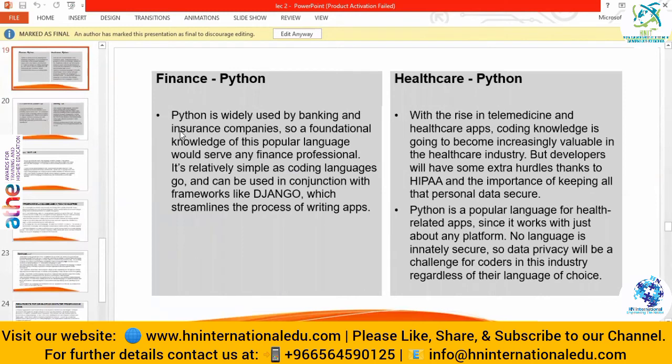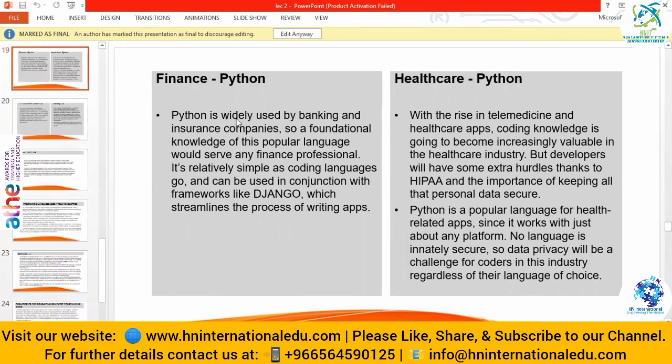Finance Python means, you have seen in the banks that they don't operate with mobile. They operate with computer systems or on their laptops. They have all their systems on that. So the applications or programs that run on laptops or computer systems, the desktop, are built in Python.